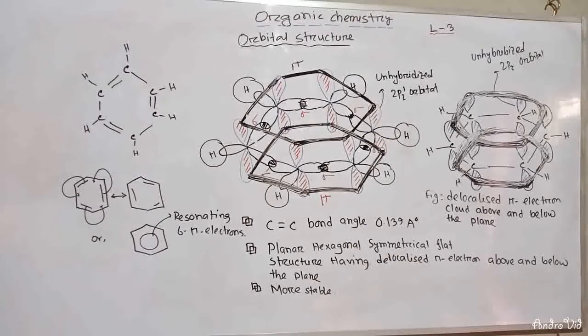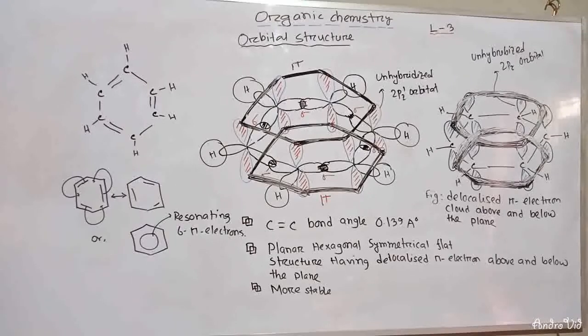You know very well the unhybridized 2pz or p orbitals have the capability to overlap in a sideways fashion, and they can form pi bonds. As there are 6 2pz orbitals, they can form 3 pi bonds. From this structure of benzene, this is clear to you that there are 3 pi bonds present.